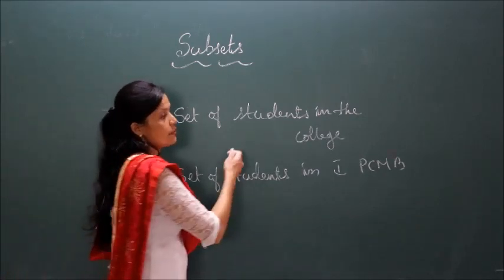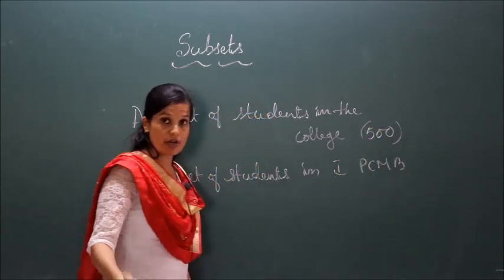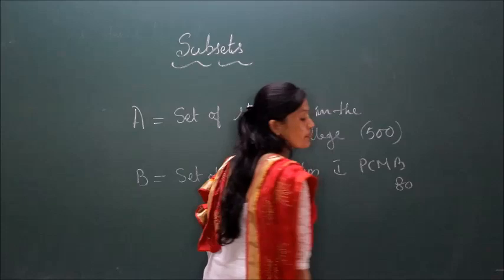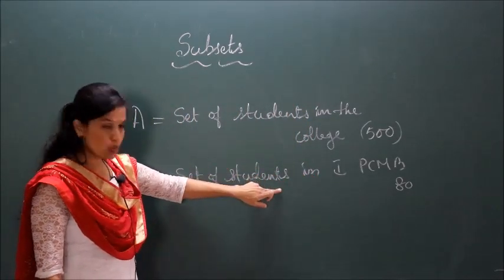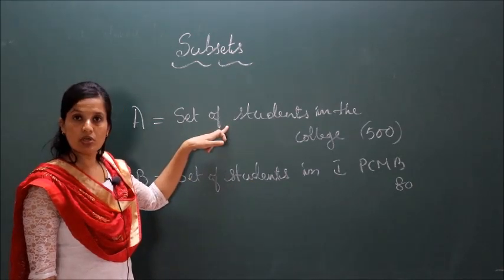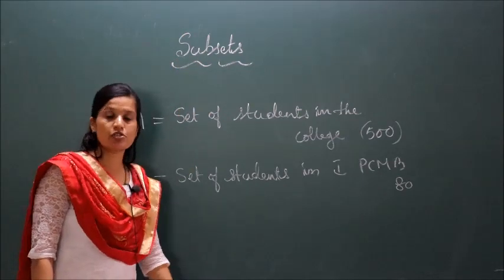Suppose the total number of students in the college is 500. In PCMB, suppose we have 80 students. See, these 80 students are in this set also. This is the set of all students in the college; you will have a list of 500 students.